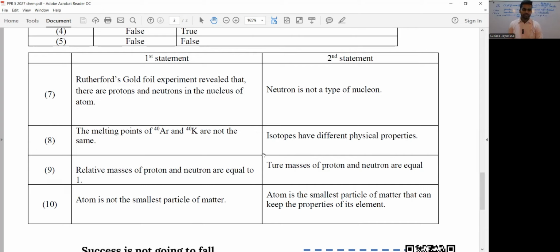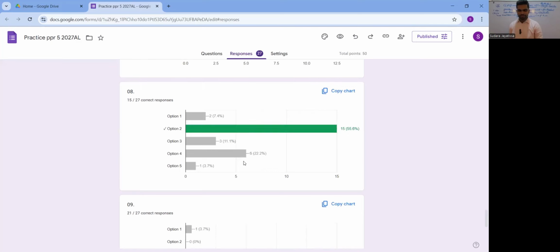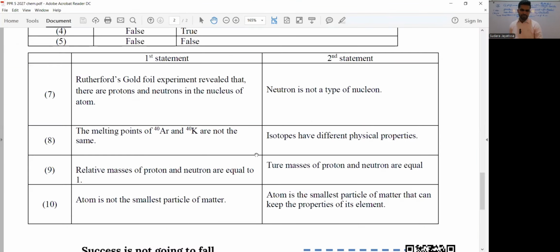Right? Okay. And number 8 is again a good question. I expected that to be wrong, but anyway, most of you have figured out the correct answer. Good. And some of you got the fourth answer. We'll see.